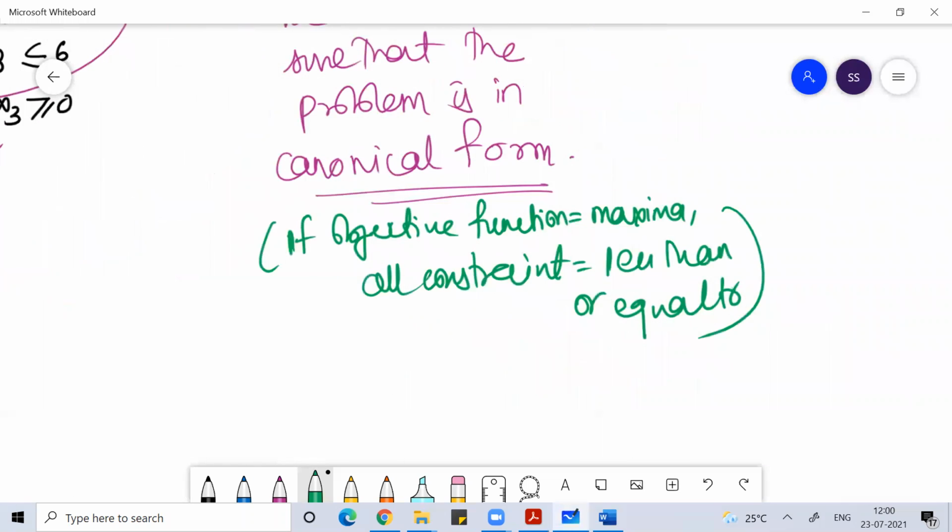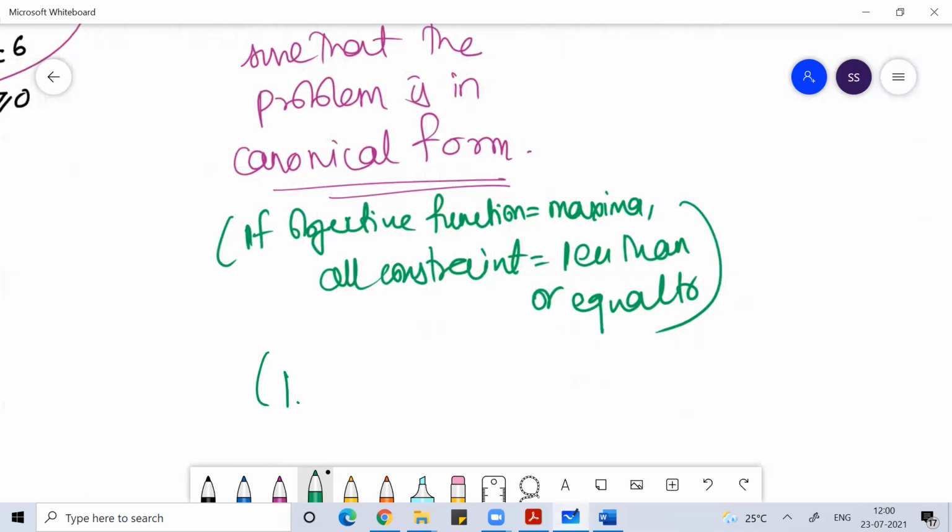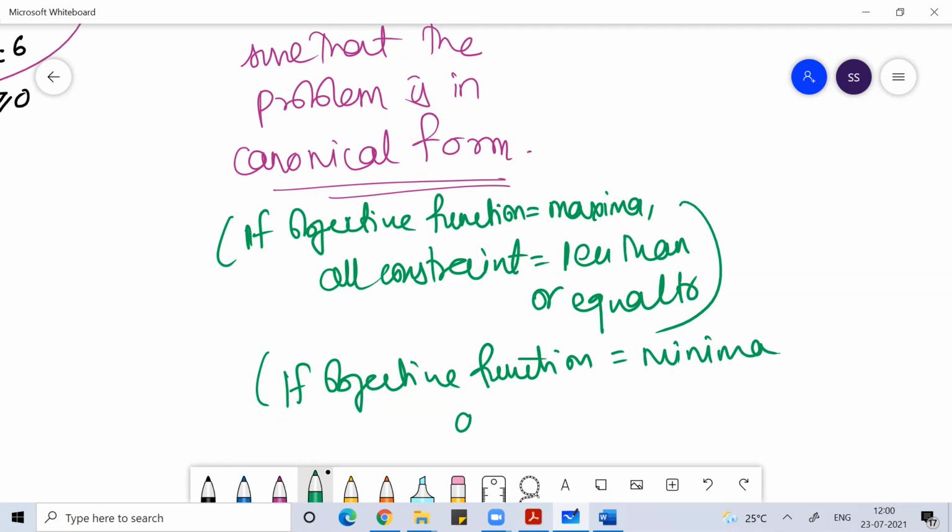What do you mean by canonical form? It means that if your objective function is minima, then all your constraints should be greater than or equal to.